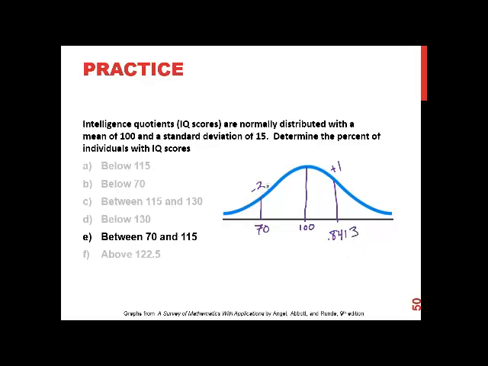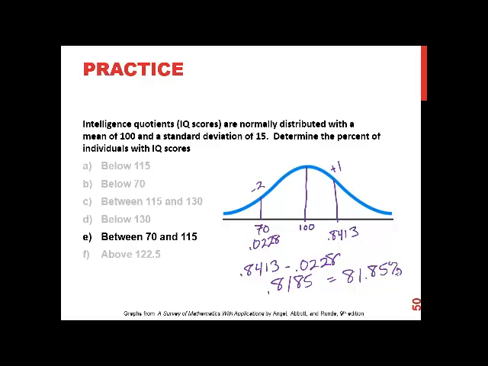And we'll subtract our value for a z-score of negative 2, which was 0.0228. And we get 0.8185, which is 81.85%. So 81.85% of people have IQs between 70 and 115.